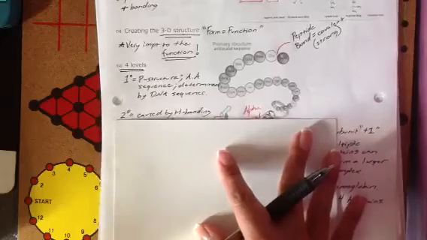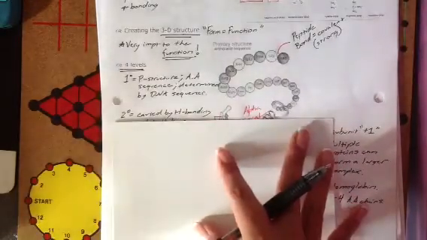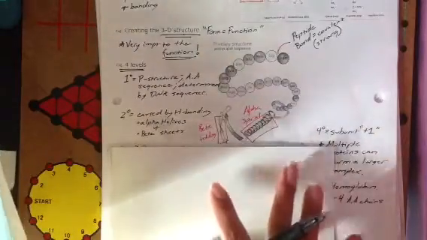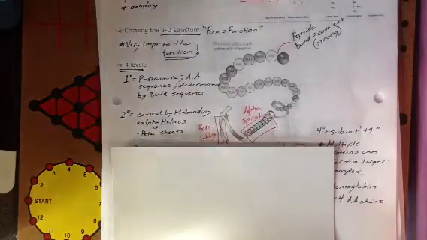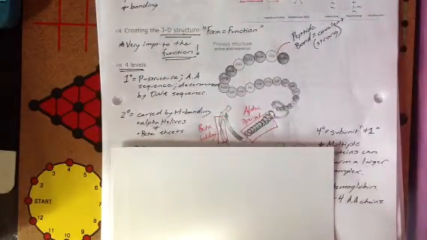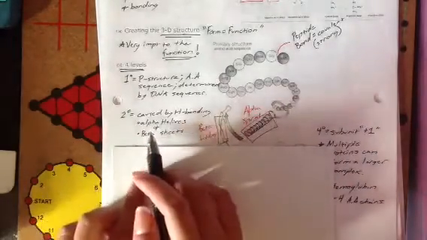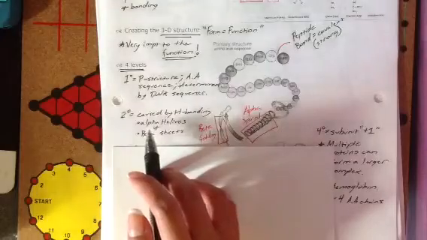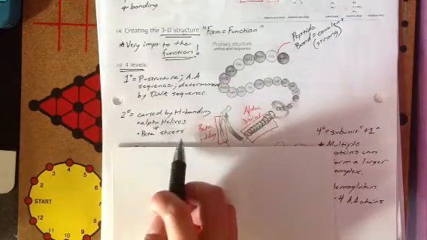The secondary structure is going to be caused by hydrogen bonding. And the hydrogen bonding is going to come between those atoms, and because of those R groups. The hydrogen bonding is what's going to cause what is known as alpha helixes and beta sheets.